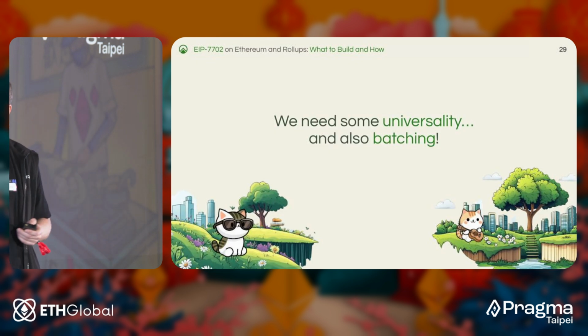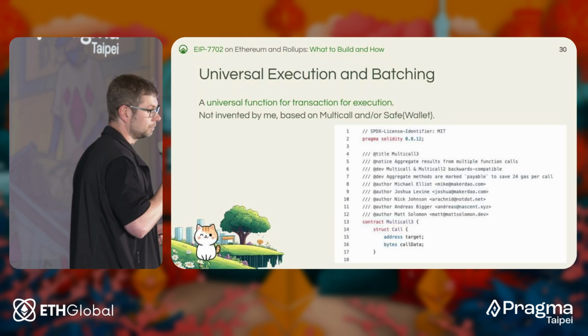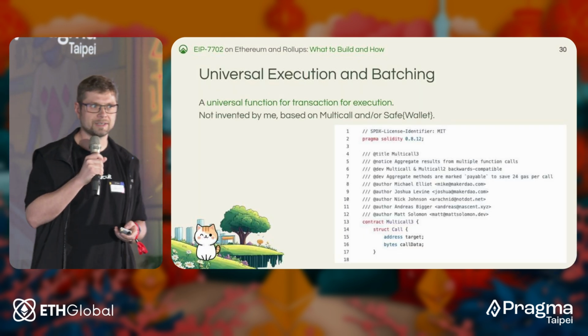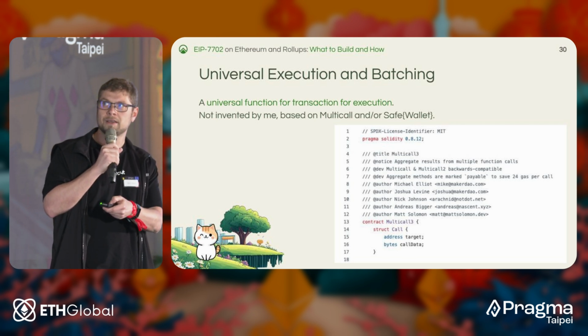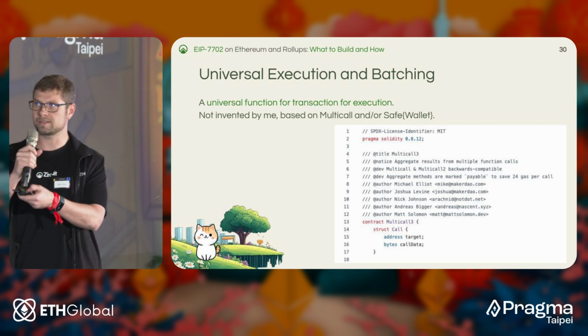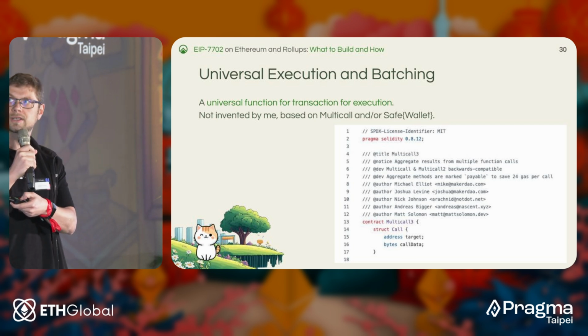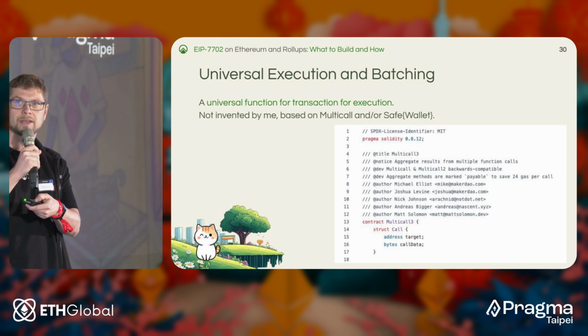So if we wanted to create a function for universal execution and for batching, or not a function, but a smart contract template, it would be similar to something like this. You would have structures that define the form of a call. This is probably the simplest way that you can imagine. You just have a target where this call should go to, and you have some call data.